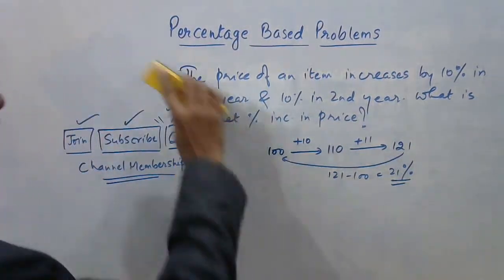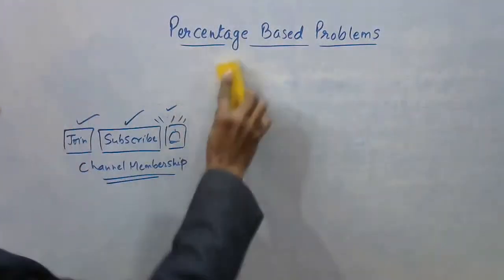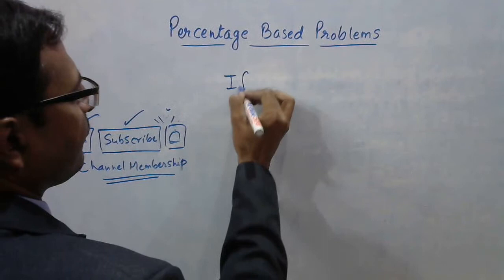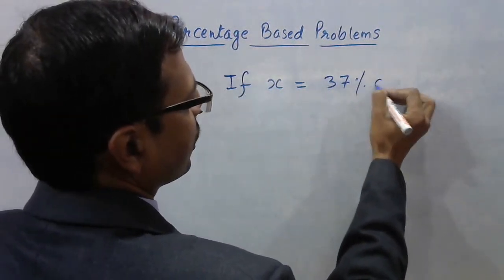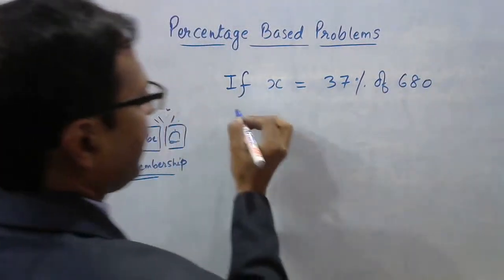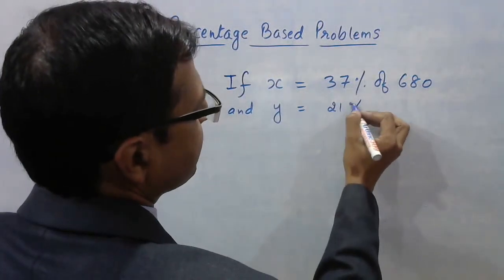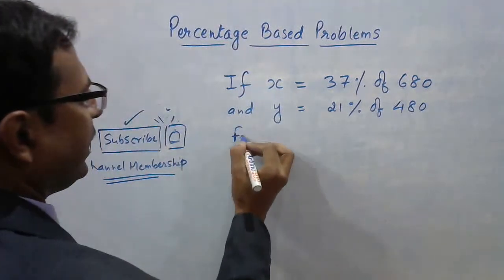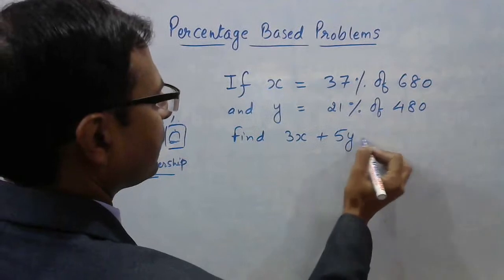So in the meanwhile, I'll give you the next question. This is the 6th question for the live stream, and all percentage based questions are coming your way today. Okay, so now if X is 37% of 680 and Y is 21% of 480, find 3x plus 5y.